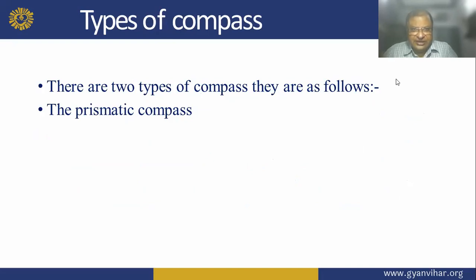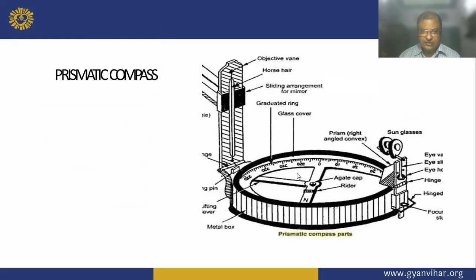Now, there are two types of compass. The first is the prismatic compass. So, my dear boy, this is a prismatic compass. This is under a graduated box. It is a graduated ring. You can see this.